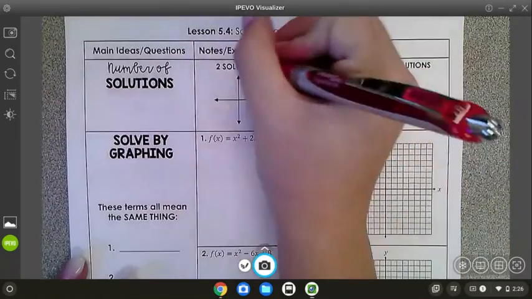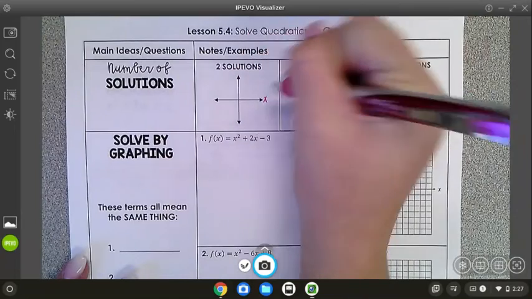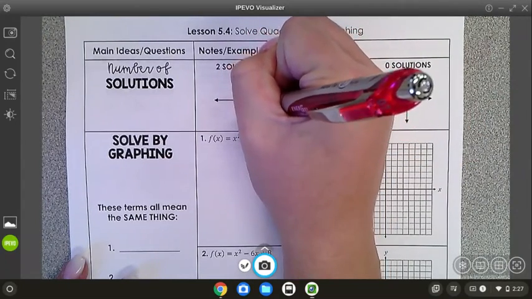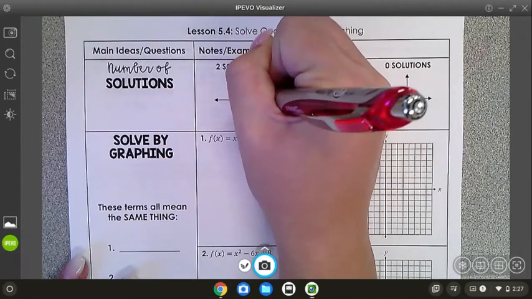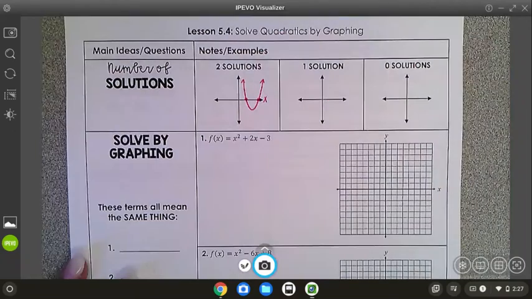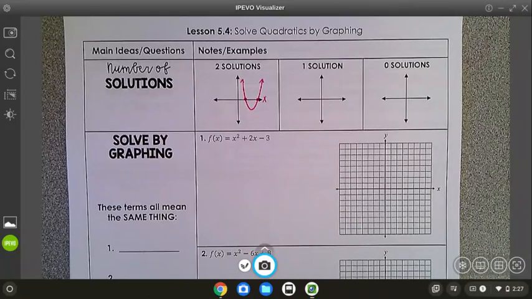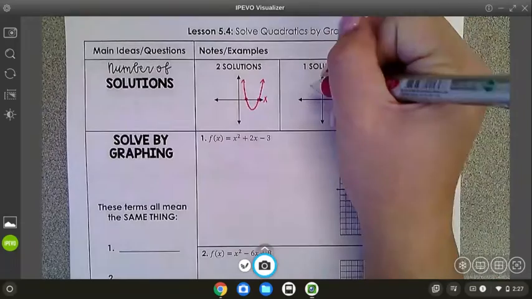And a quadratic that has 2 crosses the x-axis 2 times. This is a possible example. There are lots of different possibilities. A quadratic that has one solution crosses 1 time.